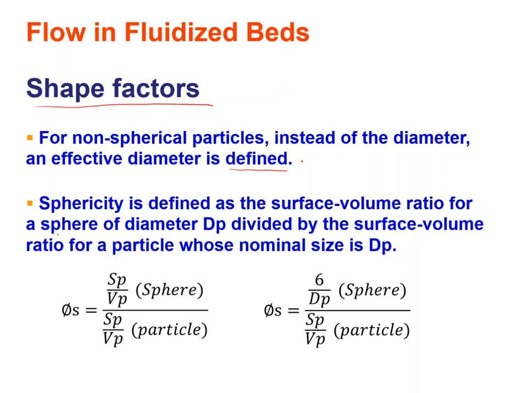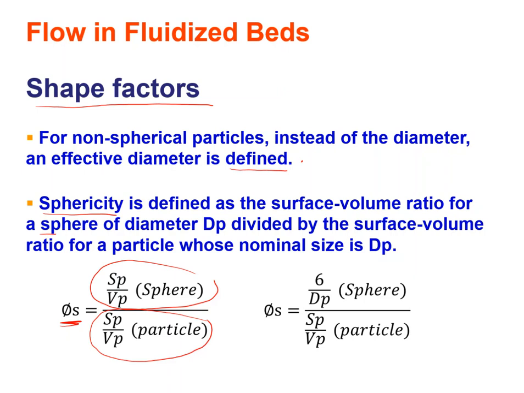Sphericity or shape factor is defined as the surface volume ratio for a sphere of diameter dp, which is this, divided by the surface volume ratio of a particle whose nominal size is dp, which is this.